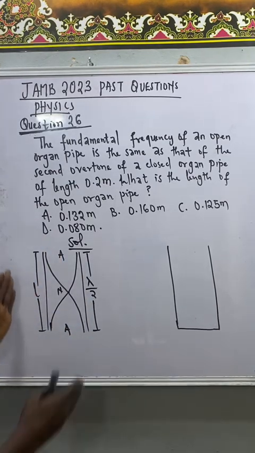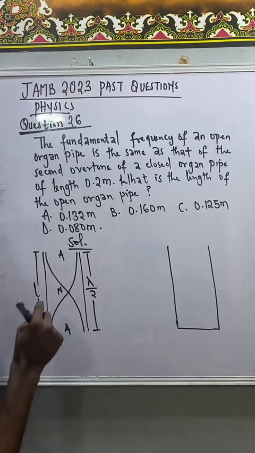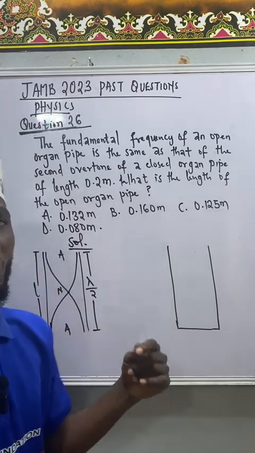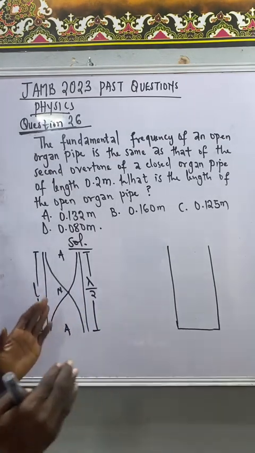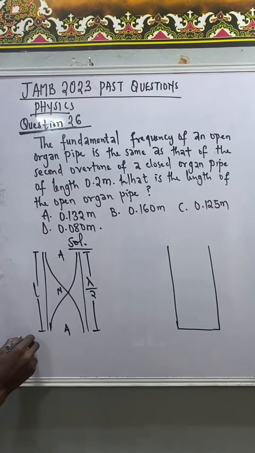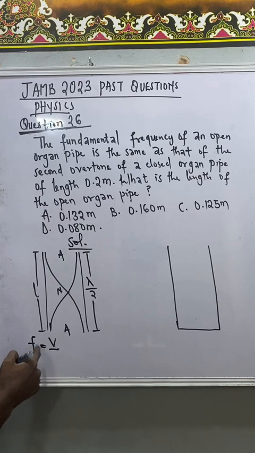In this case, this simplest form of wave produces the smallest frequency, that is the minimum frequency of the air column. The minimum frequency, F0, is calculated using the formula F0 equals V over lambda.